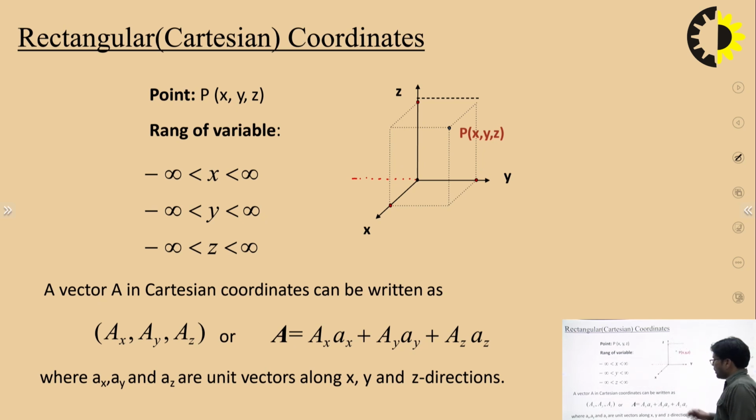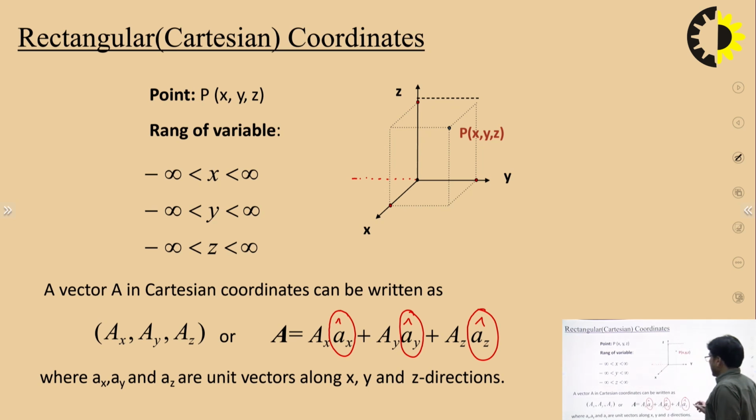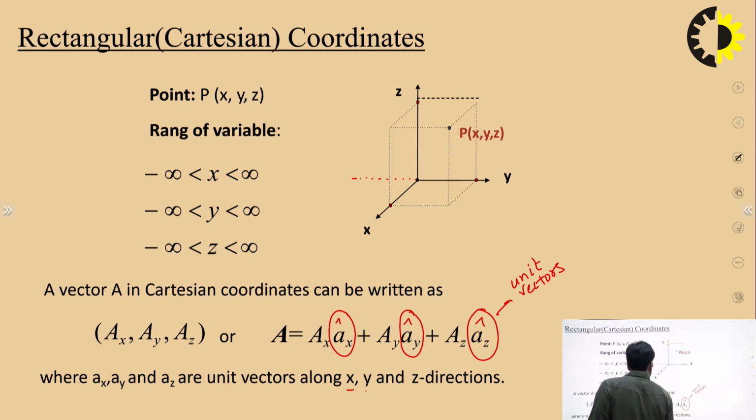In another representation of the vector A, you can see here, this is Ax cap, Ay cap, Az cap, where Ax cap, Ay cap and Az cap are the unit vectors along the direction of x, y and z respectively, right?